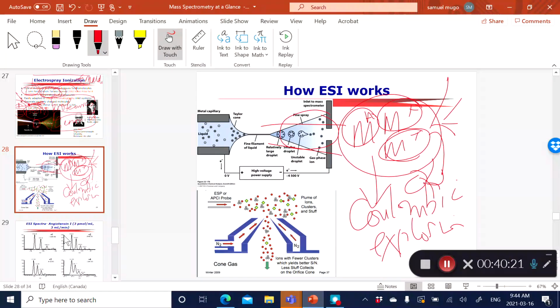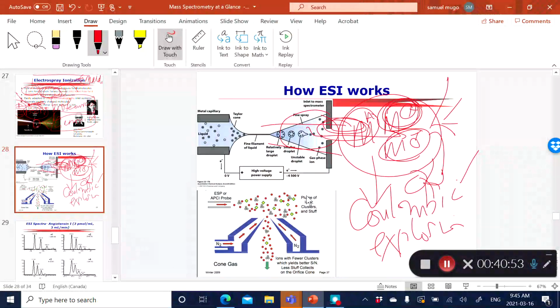More Coulombic repulsion occurs, and then you get this series of explosions, meaning in the end you get a very, very fine mist after a series of these repulsive Coulombic explosions. And of course, the reason they are happening is that you've got charged species of similar charges that are repelling each other. And then after that, of course, it ends up in the mass spec, okay?